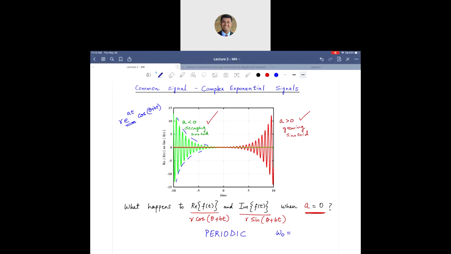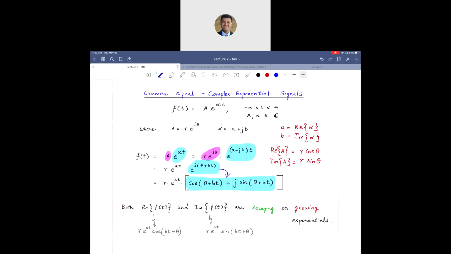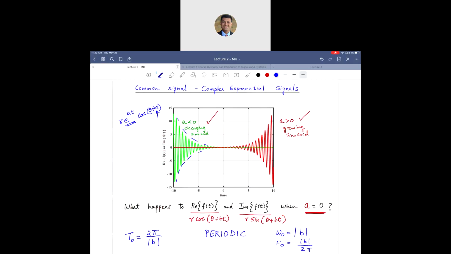So omega naught is the absolute value of b. f naught will be the absolute value of b divided by 2 pi, which means the time period of this periodic function will be the reciprocal, 2 pi divided by the absolute value of b. So if we know b, which is right here, that is related to the time period of this periodic signal when a is 0.